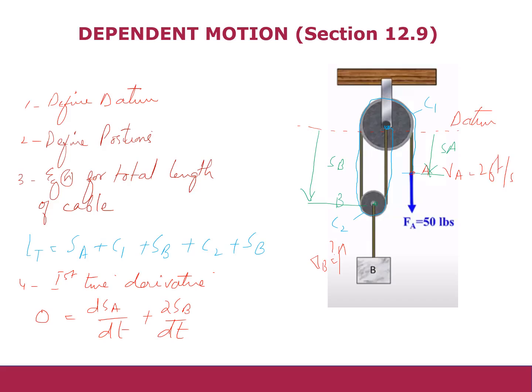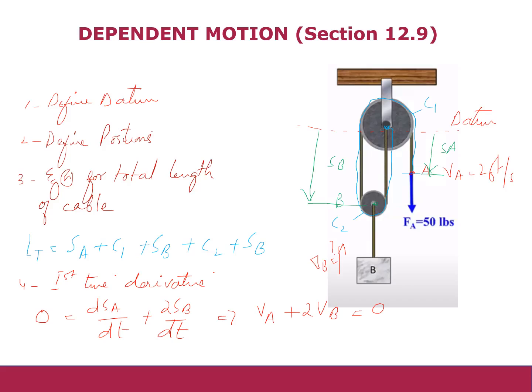And you know that the rate of change of the distance will be the velocity, right? So it will become vA plus 2vB is equal to 0, right?